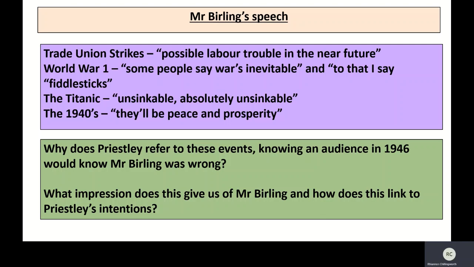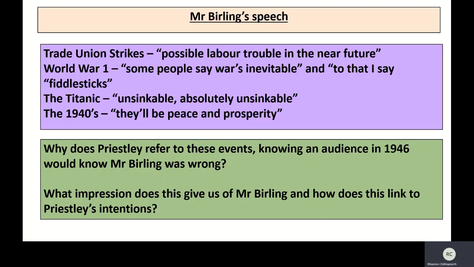So if Mr Birling represents capitalism, and Priestley wants us to change our views on capitalism being a good thing, then he needs to make Mr Birling incredibly dislikable. So we need to dislike Mr Birling, and we need to think that everything he says is wrong.